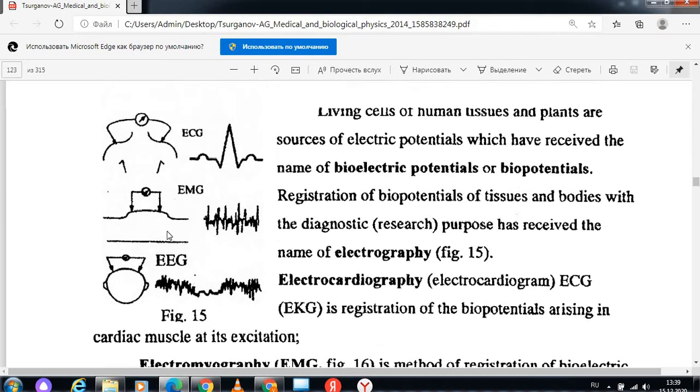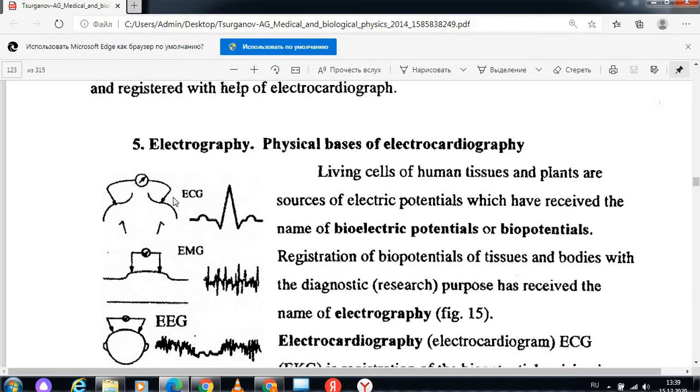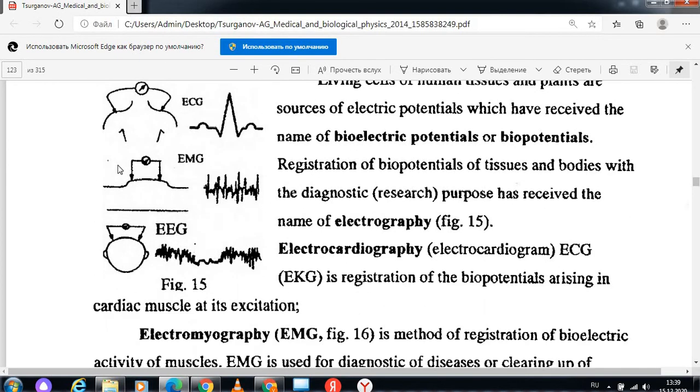Electrocardiography, ECG, here on the first one. So we have the registration of biopotential arising in the cardiac muscles and its excitation.